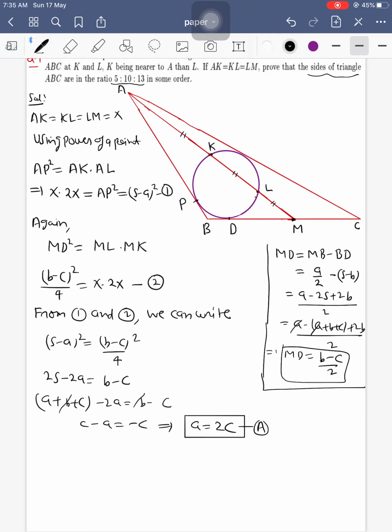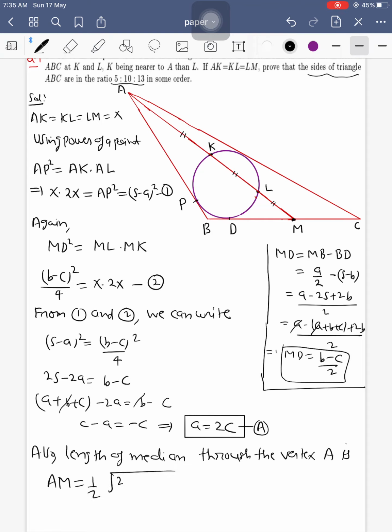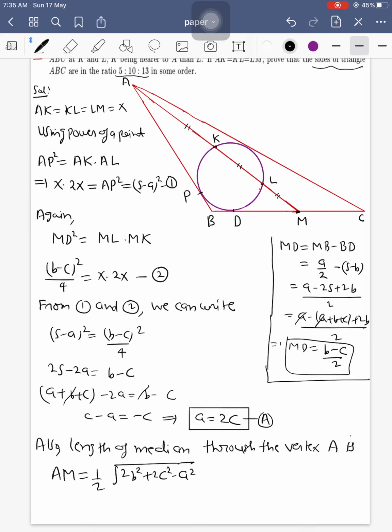Also, the formula for length of median through the vertex A is AM equals 1 by 2 root under 2B square plus 2C square minus A square.